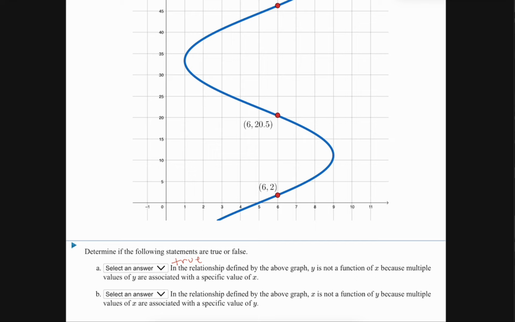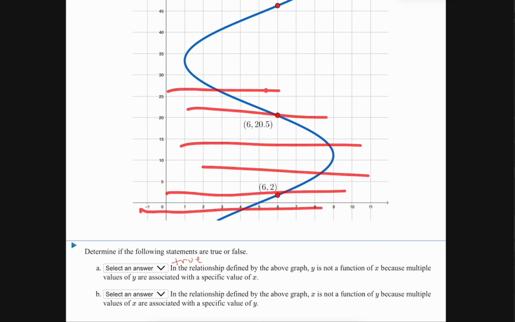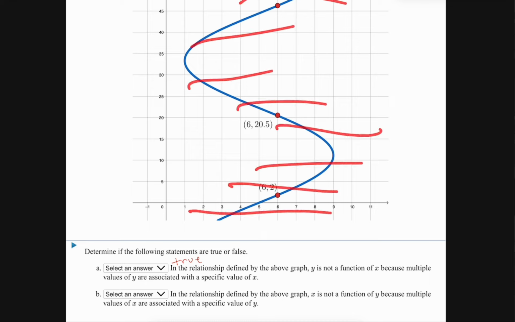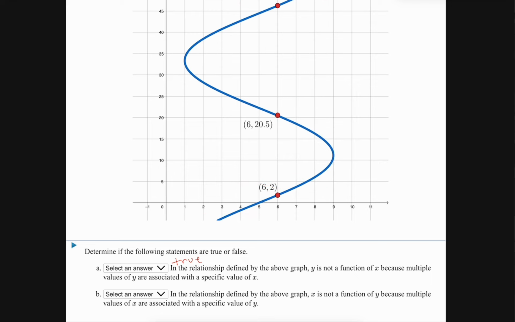Now, one thing that's interesting about this one is you are used to a vertical line test. This one is actually a function. x is a function of y, which is normally not something we talk about too much, but that one is false.